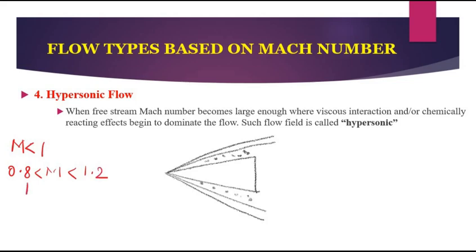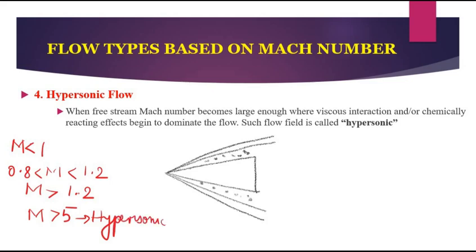Then we saw supersonic flow, which is greater than 1.2. Now we have hypersonic flows. According to an arbitrary thumb rule, flows where the Mach number is greater than 5 are known as hypersonic flows.